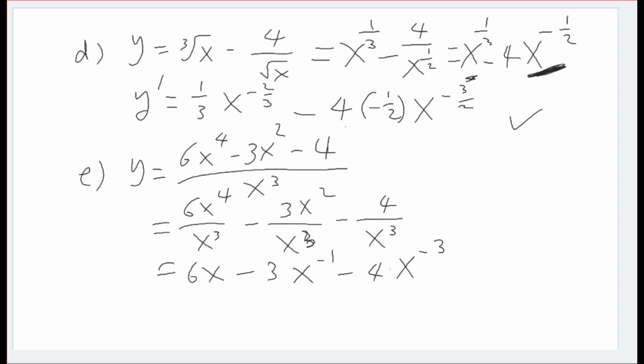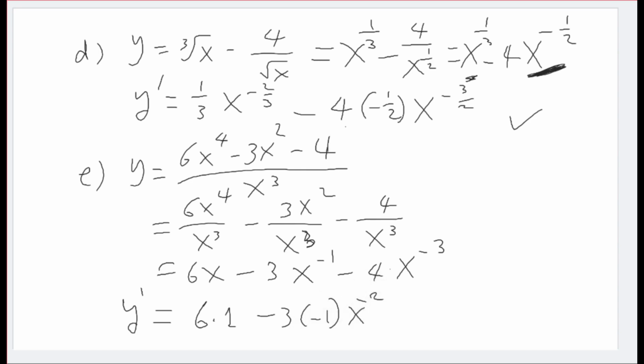So now we start to differentiate, starting a new line with y prime leading the expression. So y prime equal to, and differentiate 6 times x, 6 times 1, remember the derivative of x. Here again, copy down the 3, bring the negative 1 down, and get x to the negative 2.